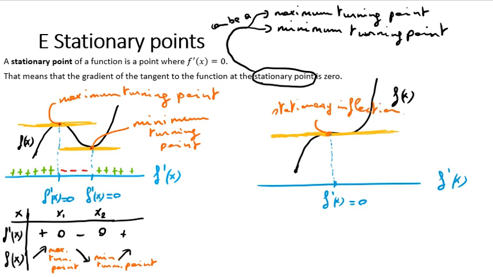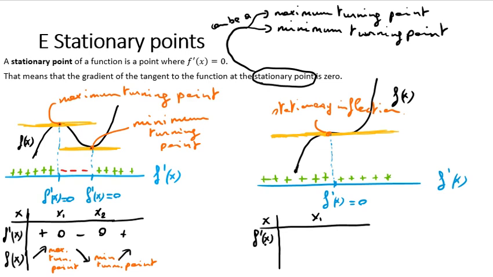Okay. We see that on the left-hand side of the stationary inflection, the function is increasing, sorry. And on the right-hand side, it's increasing as well. So if we want to do the sign table, on this point, let's say that we have a stationary inflection at x1.